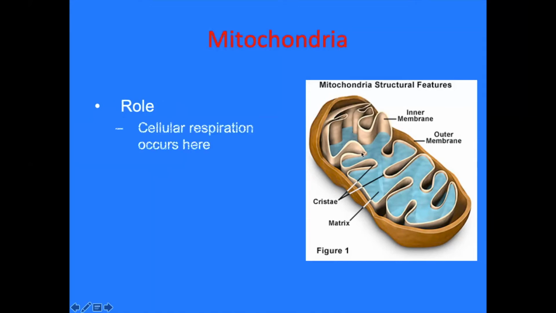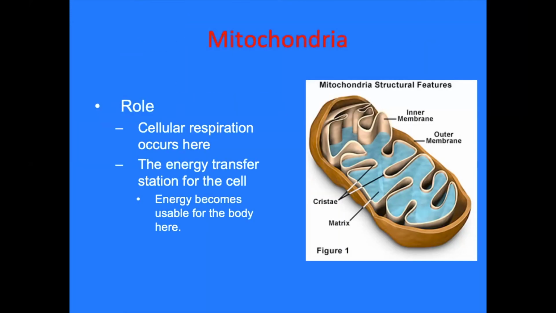What is the role of the mitochondria? Like I said, it is the powerhouse of the cell. Cellular respiration takes place here. That is where we are going to transfer energy. Transfer it where? Well, it's in the glucose. Where's it going to go? It's going to become ATP, which is what we use for our body.